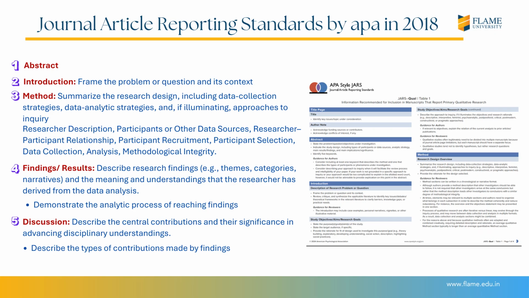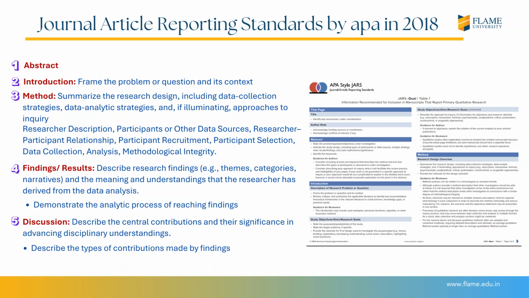One illustrative table may be included in the results section. In the results section, describe research findings, their meanings and understandings that you have derived from the data analysis. Demonstrate the analytic process of research findings, include codes and extracts of data.